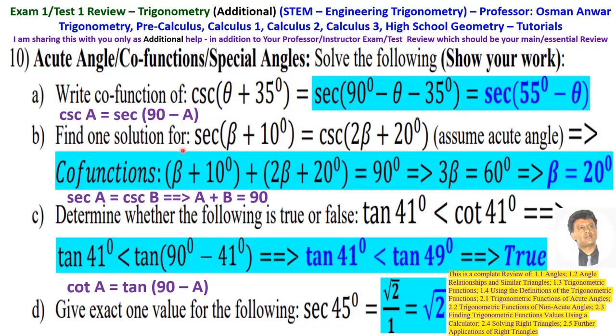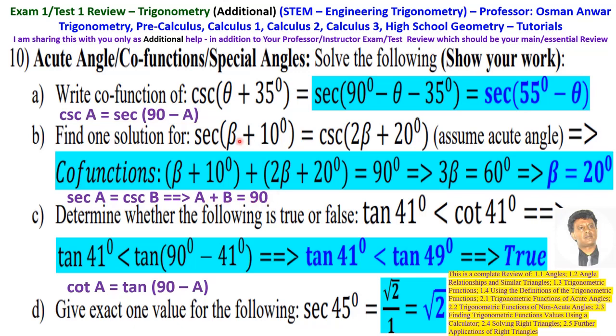Find one solution of sec beta plus 10 equals cosec 2 beta plus 20. So if sec A is equal to cosec B when A and B are cofunctions, then A plus B add up to 90.